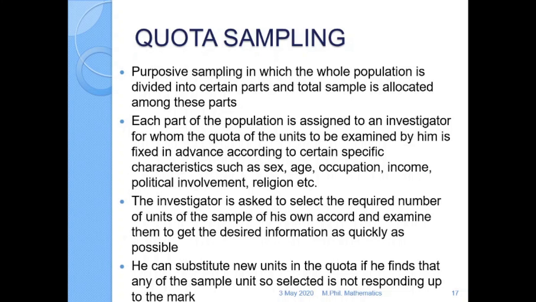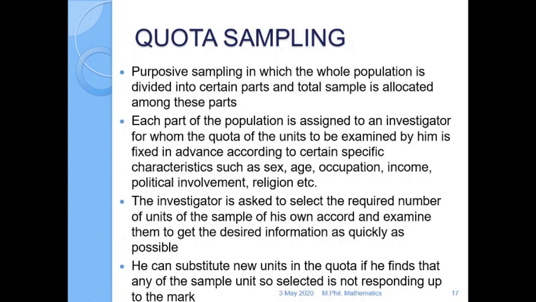So here the personal bias is distributed to multiple persons. That is the only advantage of quota sampling over the other one, deliberate sampling.